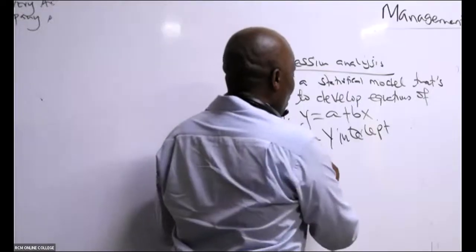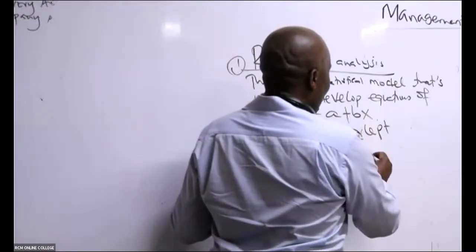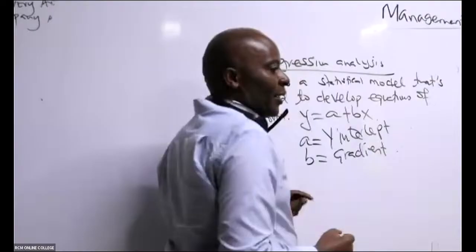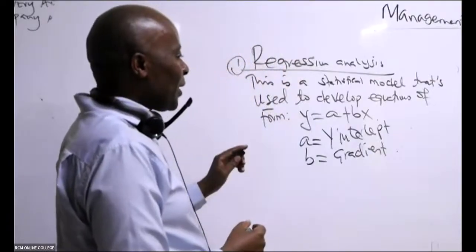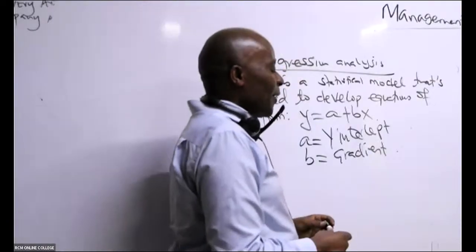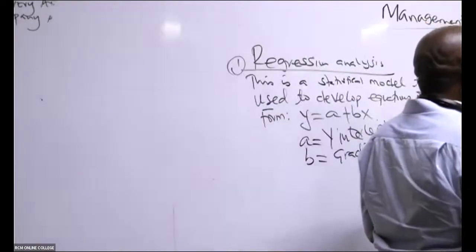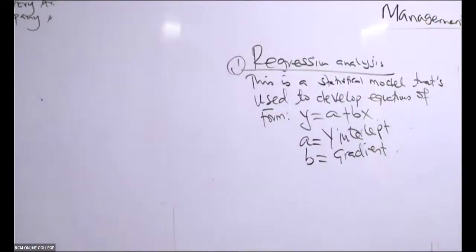And the b stands for the gradient. Have you written it like that? y equals a plus bx, where a equals the y intercept and b equals the gradient.